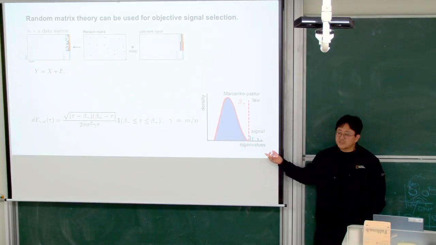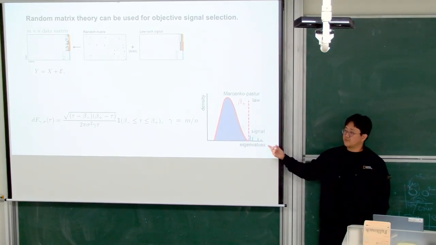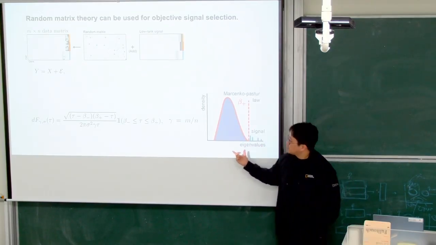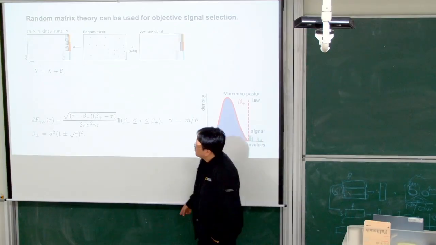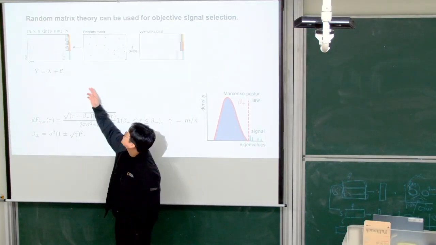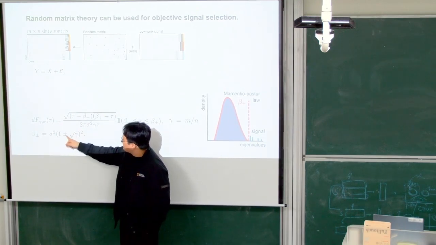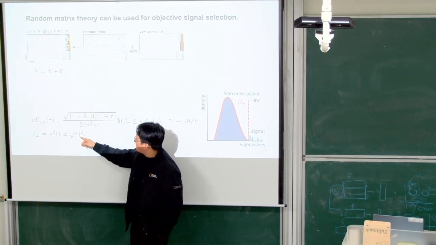So we can use this maximum value, beta plus, as the threshold to separate the signal from the noise. So beta plus is equal to the variance of this matrix multiplied by 1 plus square root gamma, squared.